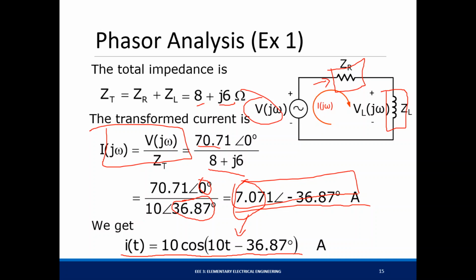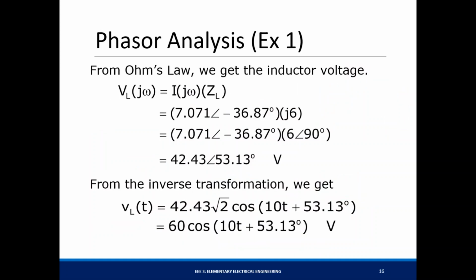Now we want to know the voltage across the inductor. Well, you can just use Ohm's law for that. Multiply I of j omega to the impedance of the inductor. So that would be this multiplied by j6. You'll get this and convert it to polar form.